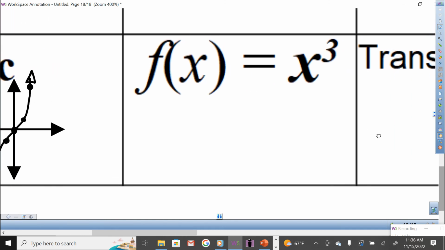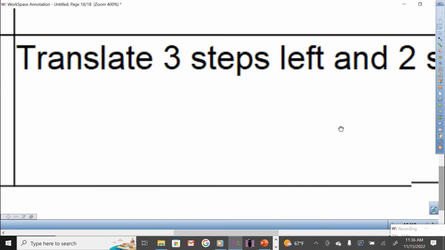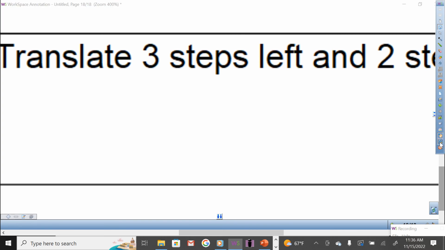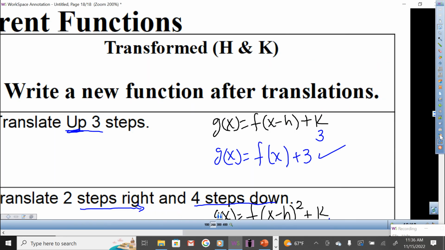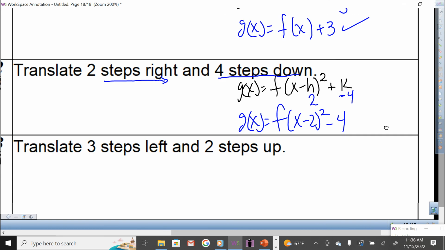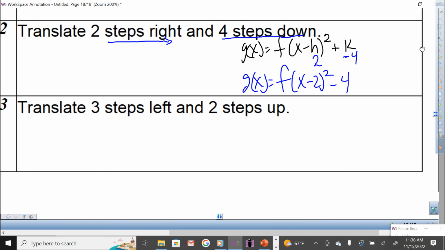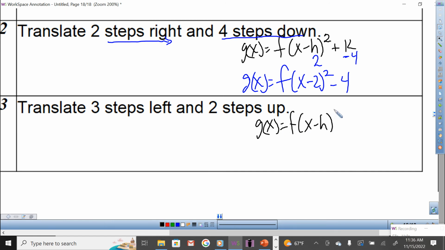F of x equals x cubed. And now we just need to write our translation according to what they tell us. Here we go. So we write our form, g of x equals f of x minus h, but this time instead of squared, it's what? Cubed plus k.